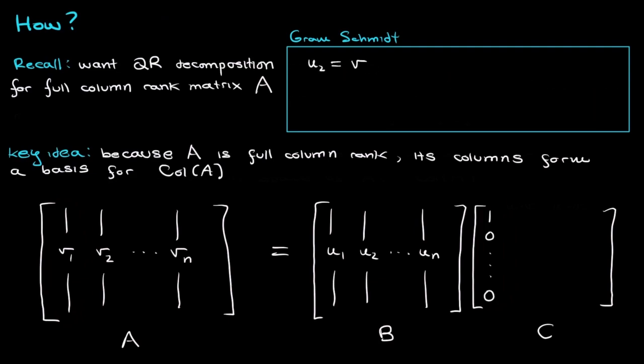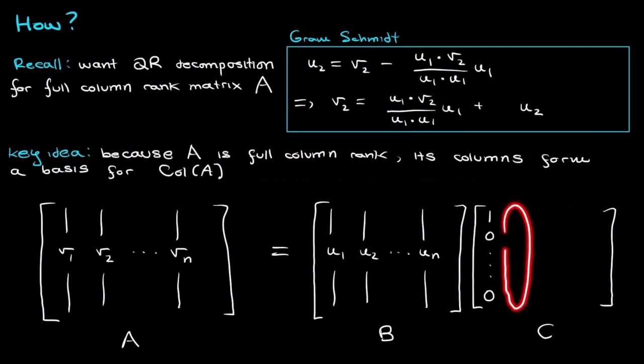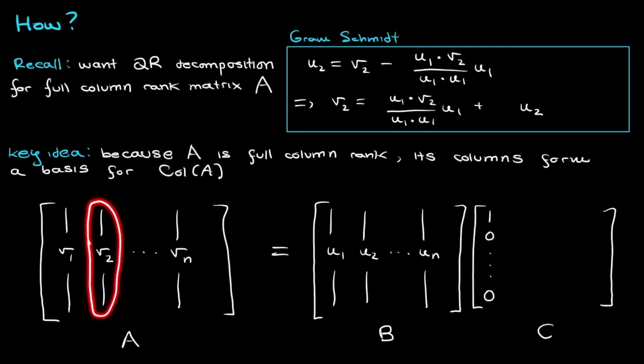Now to determine the next entries for the matrix C, I'm going to write out our second Gram-Schmidt equation for k equals 2. I'm also going to go ahead and rewrite this equation isolating the variable v2, because this will actually allow us to read off what coefficients we ought to put into the matrix C. Similar to before, the second column of the matrix C tells us what linear combination we need to take of the columns of the matrix B to get out the vector v2.